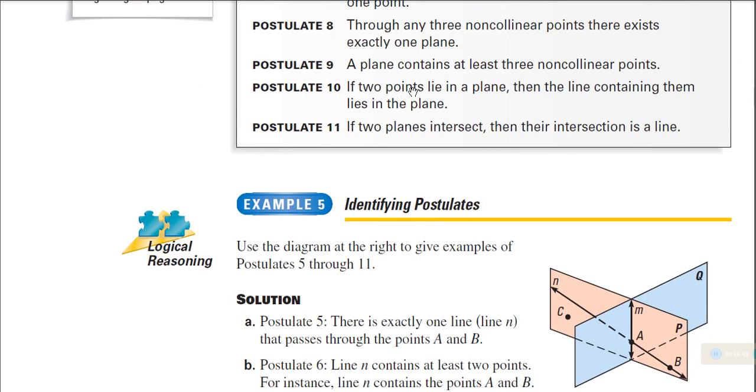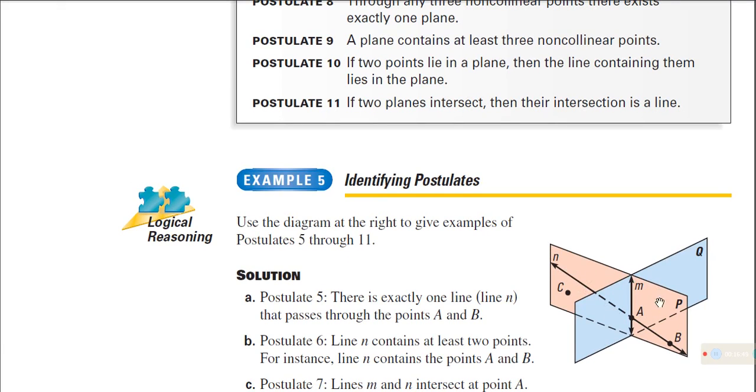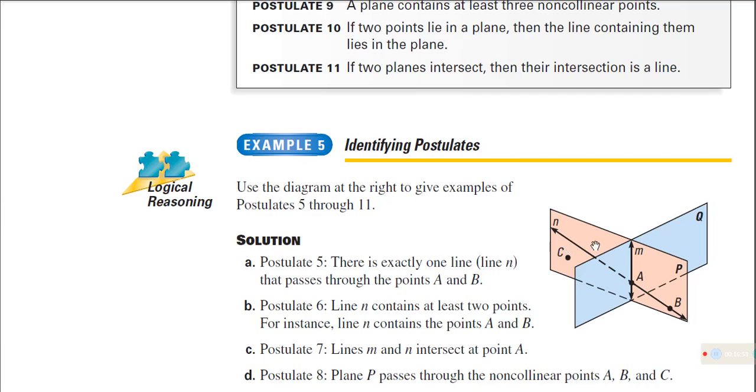Postulate 10, if 2 points lie in a plane, then the line containing them lies in the plane. So, tingnan natin to. Plane P was formed because there exists at least 3 non-collinear points A, B, and C. And the line passing through A and B is also in plane P. If you are going to draw a line passing through C and B, it will also be in plane P. Kung meron kang line passing through AC, nasa plane P pa rin yan.